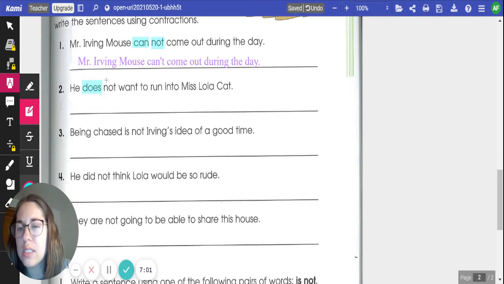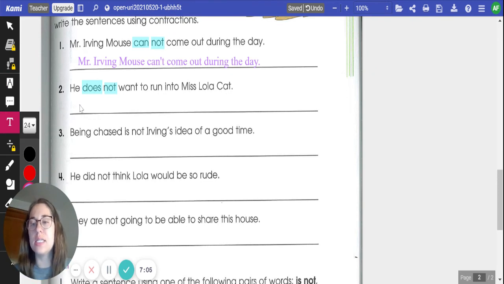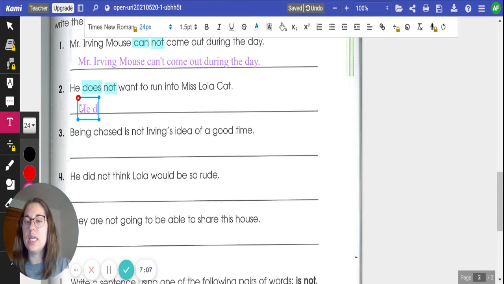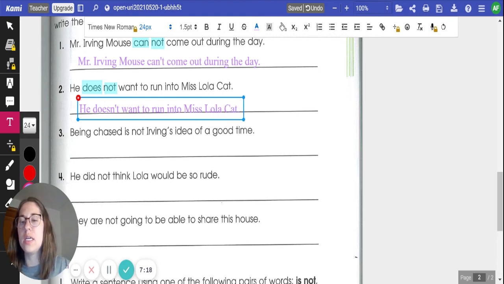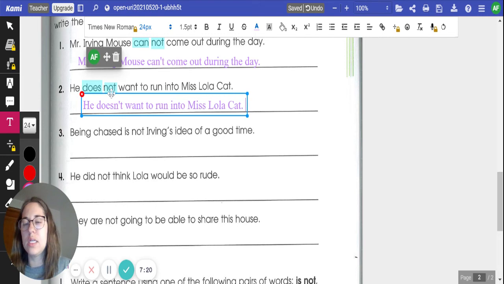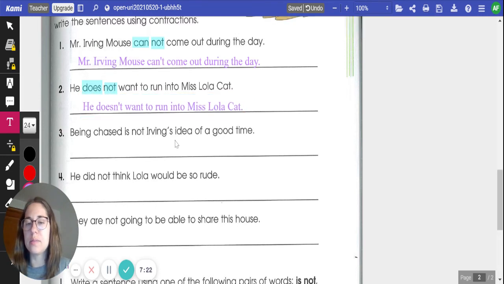So I'm going to highlight does and not. I know that does not becomes doesn't. So we would say he doesn't, D-O-E-S-N apostrophe T, want to run into Miss Lola Cat. Does not becomes doesn't.